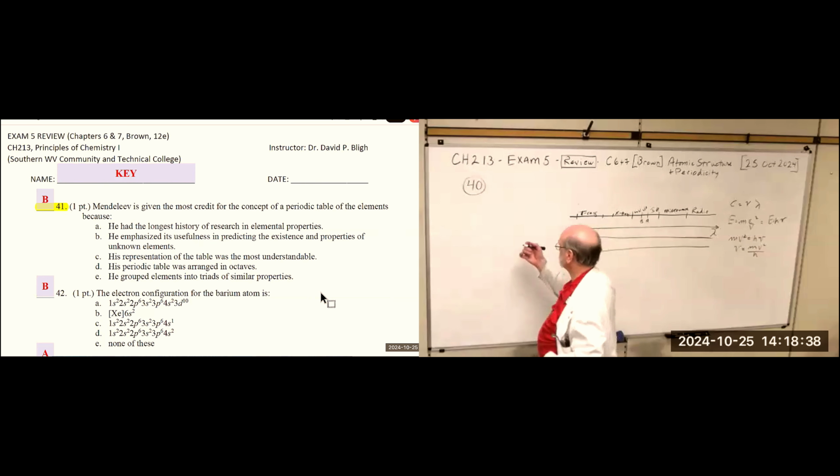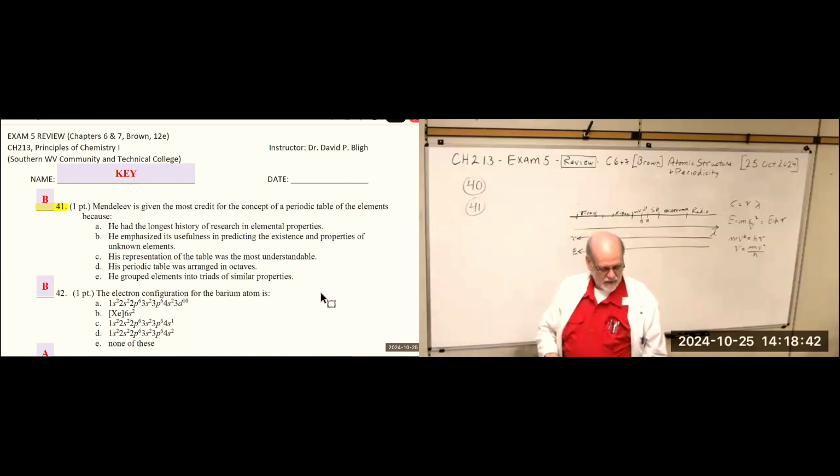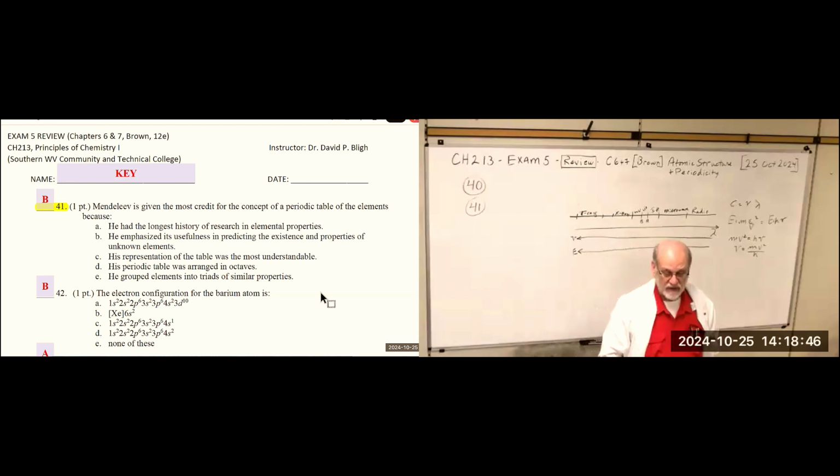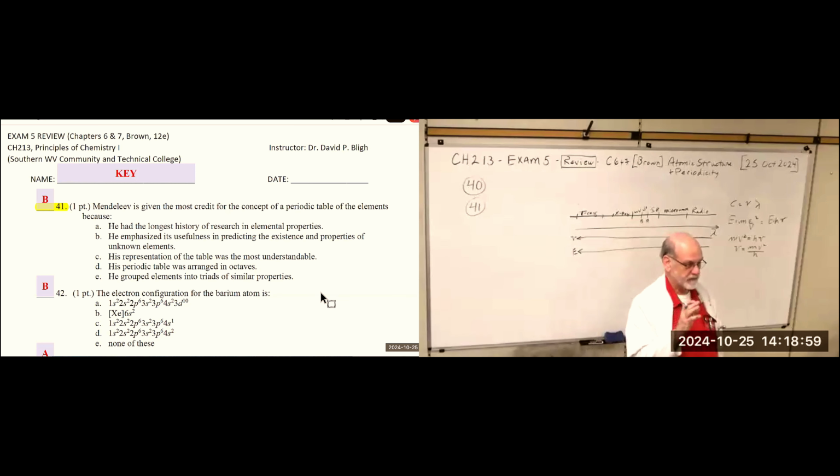All right, 41. Mendeleev is given most credit for the concept of the periodic table of the elements because, remember why? When he put his table together, he was putting it together based upon groups, elements that shared chemical and physical properties.